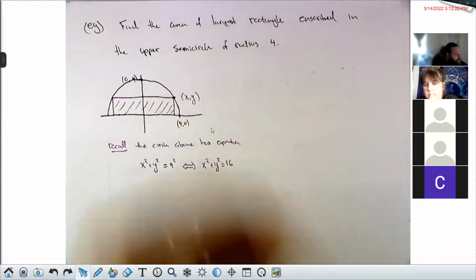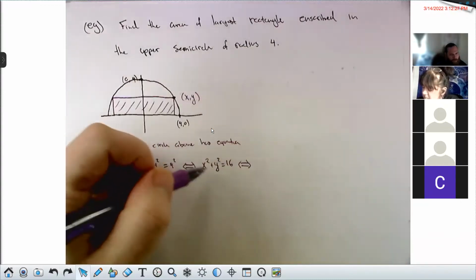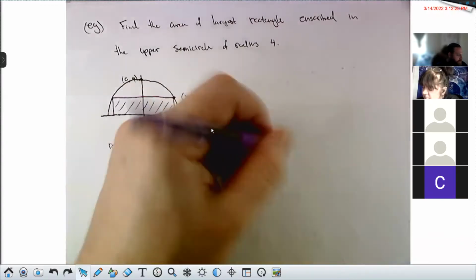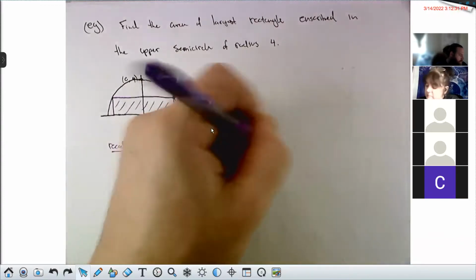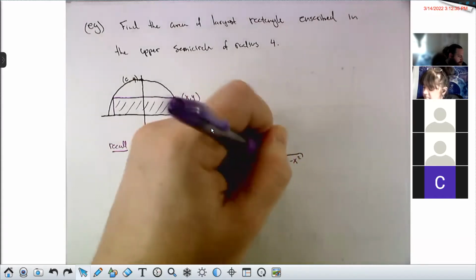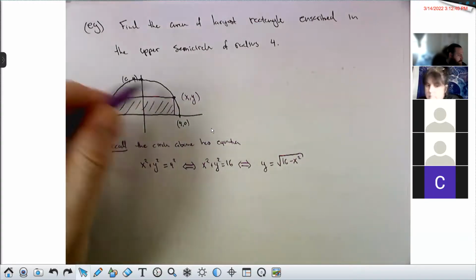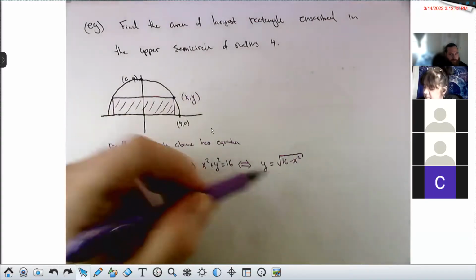And if you solve this for y, here both x and y are squared. There's no nicer variable to solve for, so I'll just solve for y. You'll get the square root of 16 minus x squared. Technically, there would be a plus or minus here, but that's for the whole circle. So if we're just talking about the upper semicircle, this is it.